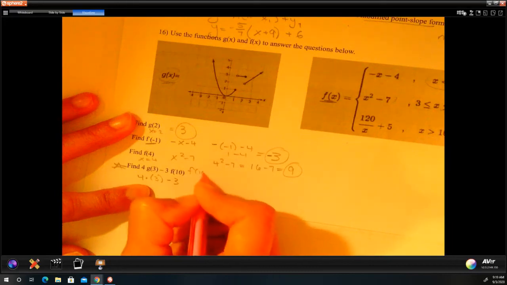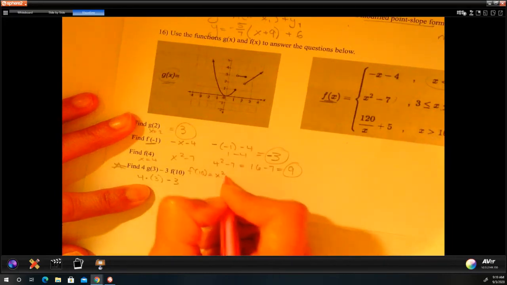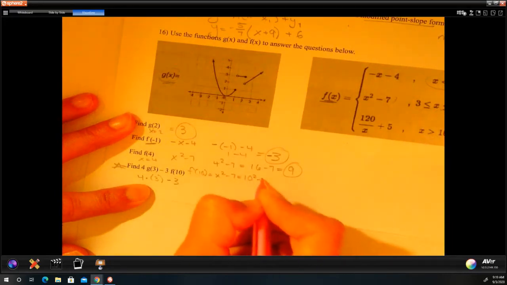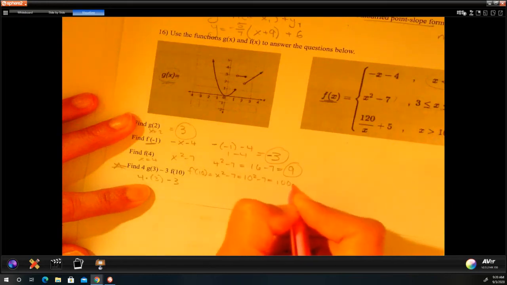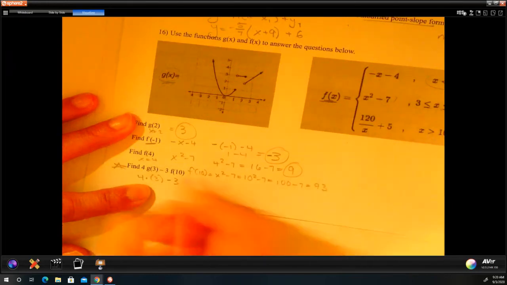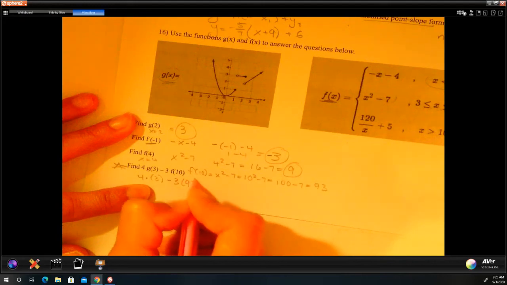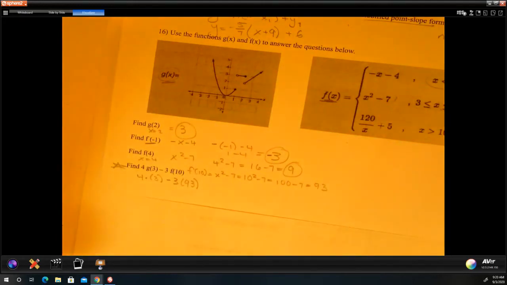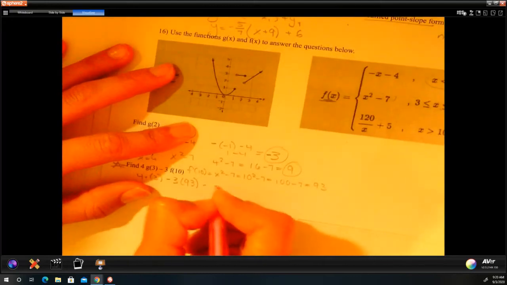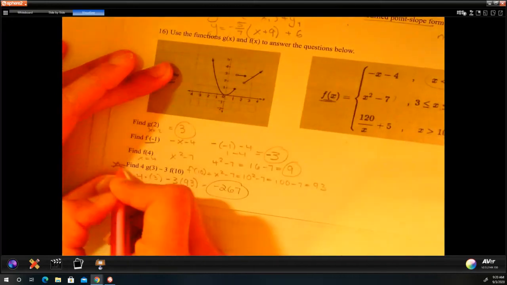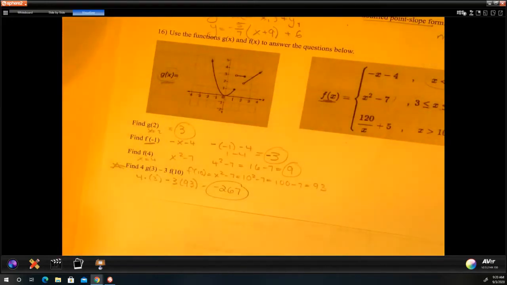So f of 10 is x squared minus 7, 10 squared minus 7, 100 minus 7, so 93. So I'm going to do 3 times 93. So we have 4 times 3 minus 3 times 93, and I am okay if you guys use a calculator for this, but you should get negative 267. Again, this one is a challenge for you. Hope that helps.